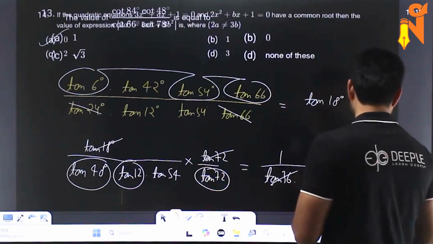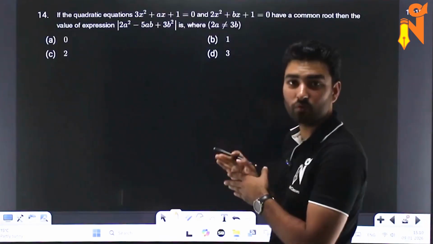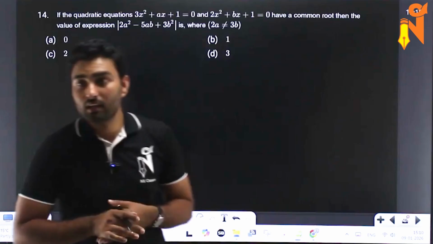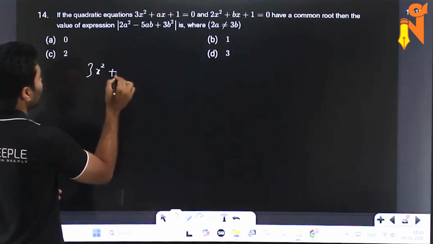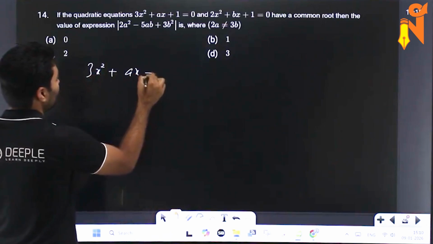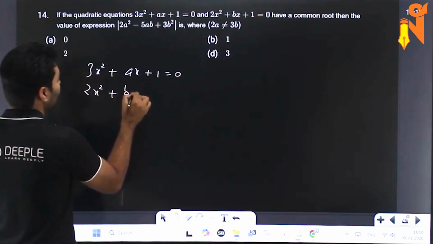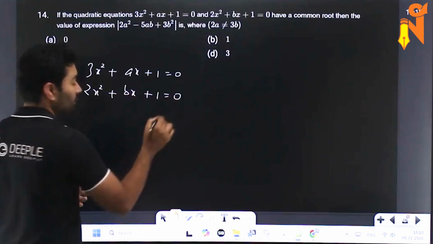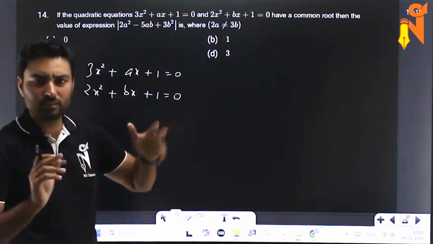Next, question number 14, again one of the very basic questions of quadratic, very basic. Now 3x square, what is the common root property, equal to 0, and 2x square. Some of you will solve this question by finding the common root, then putting it here. This is the first method.